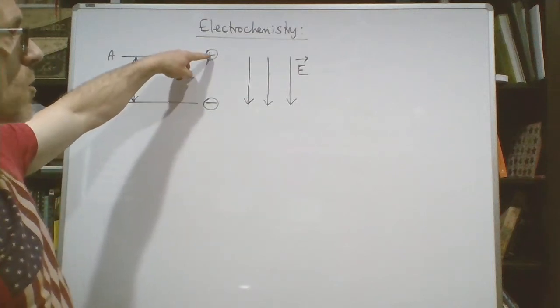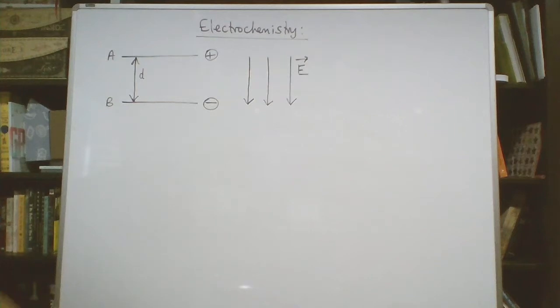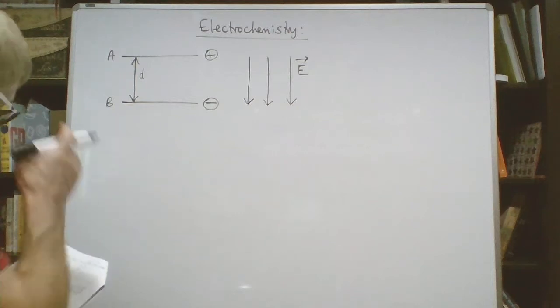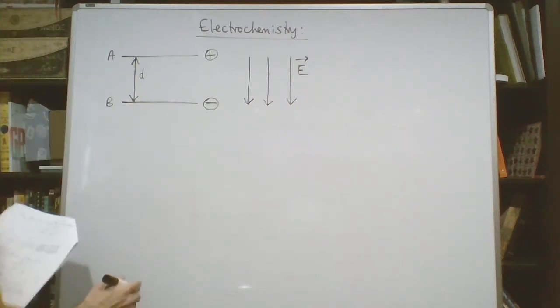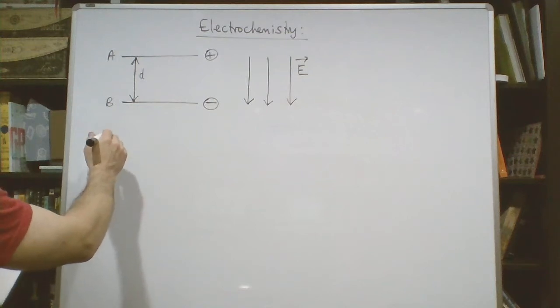So this is a source, this is a sink of the electric field. So the electric field lines would flow that way. And let's start breaking this down and learning some things about this setup.